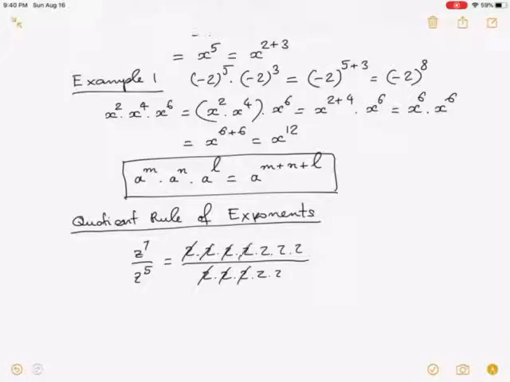Now we can cancel z with z, z with z, z with z. So what is left? It is z times z over 1. You can say that is z squared.